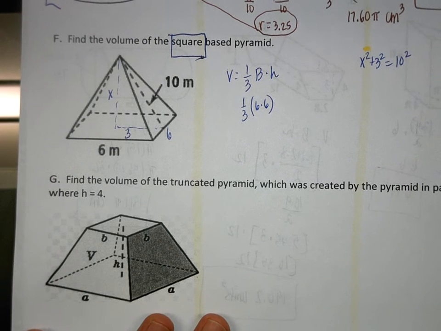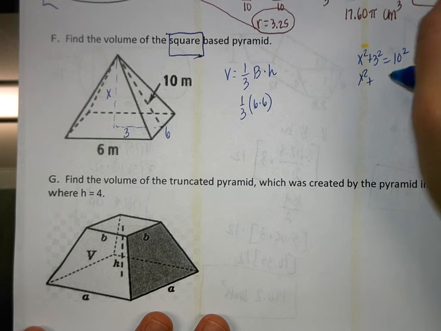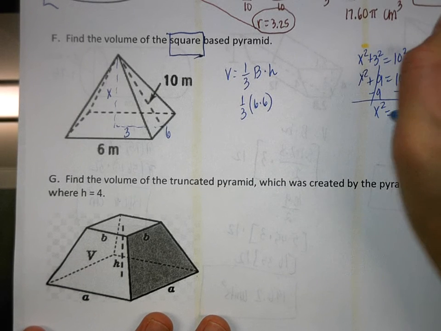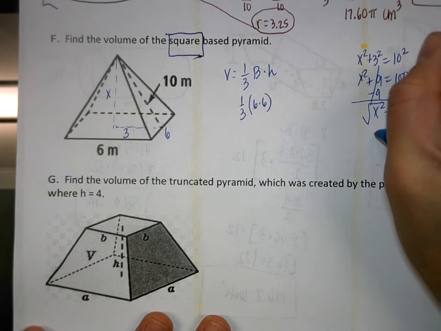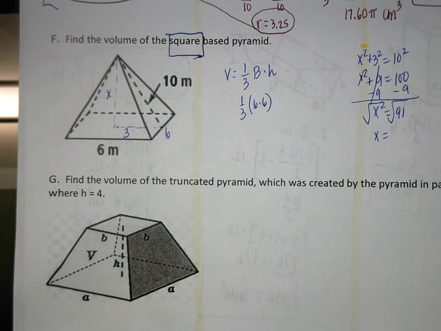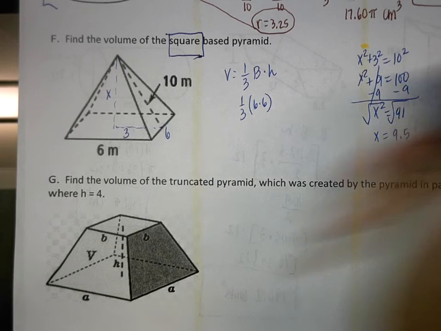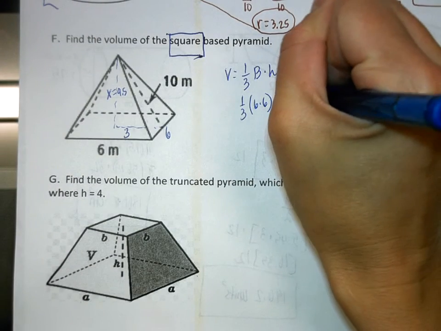We get x squared plus, what's 3 squared? 9 equals, good. We subtract 9 from both sides. We get x squared equals 91. We take the square root of both sides, and I get x equals 9.5. So that means this is going to be times 9.5.